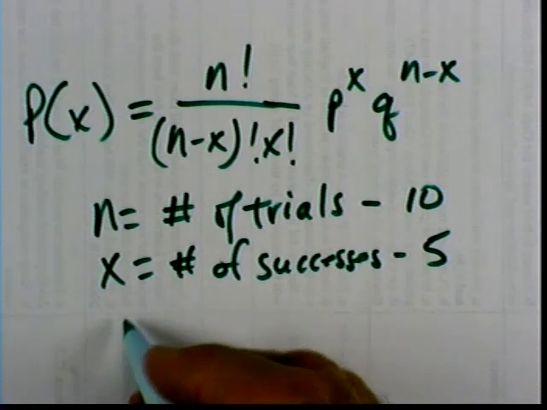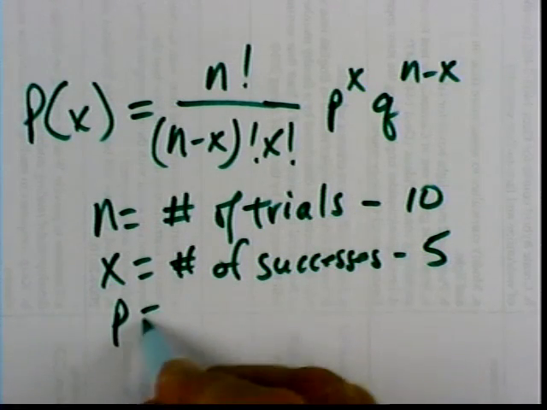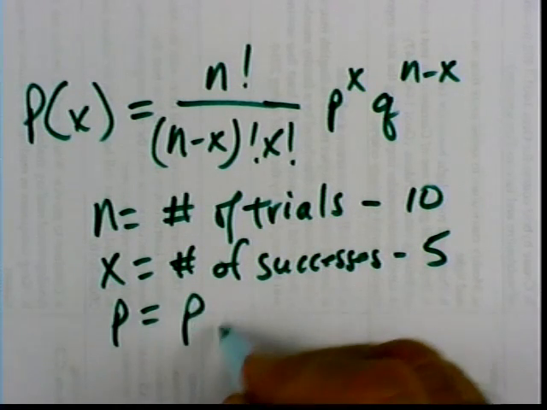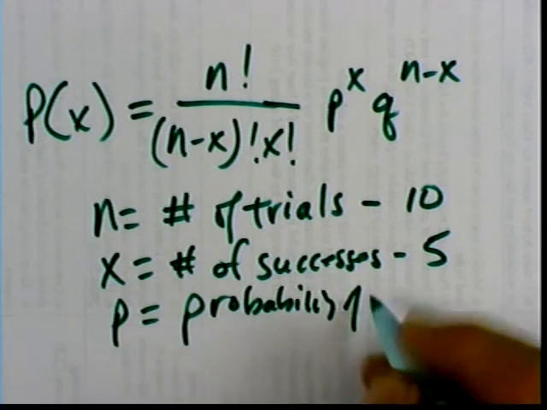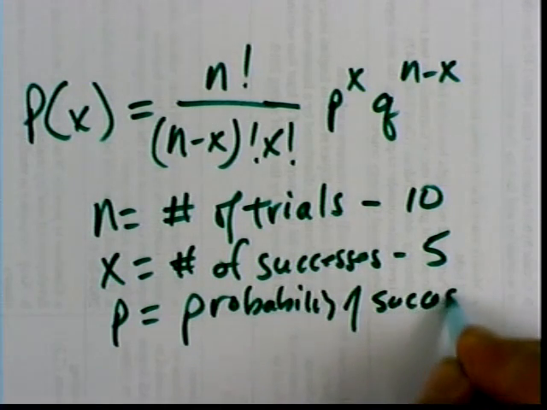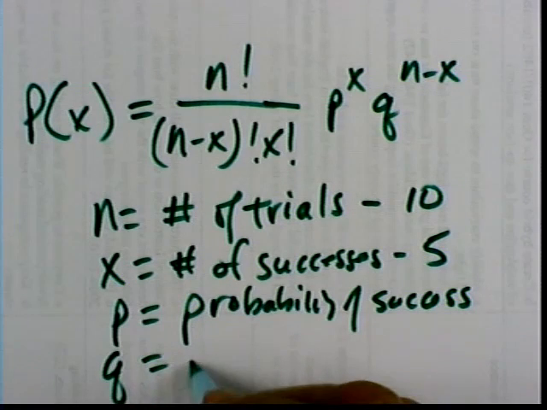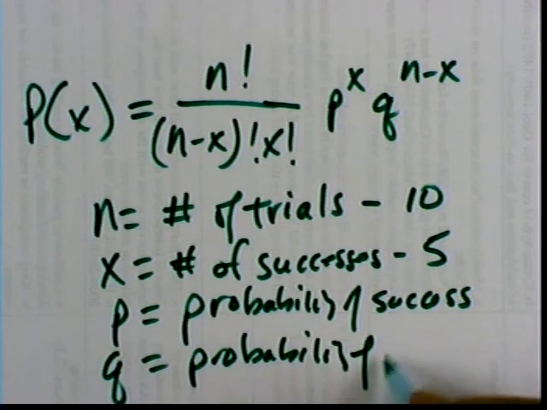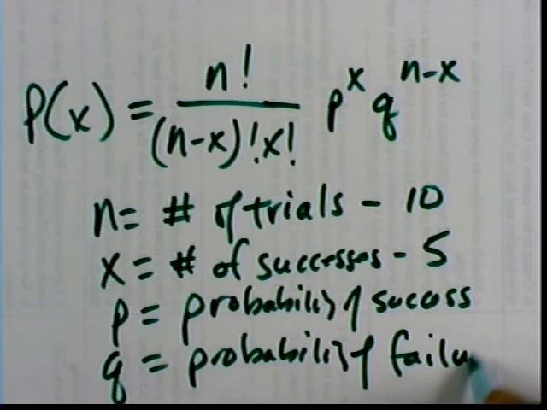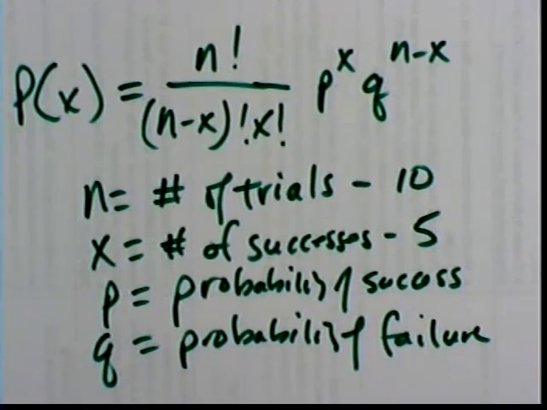And then P was equal to the probability of the success. Q was equal to the probability of the failure. Remember that Q is equal to 1 minus P.